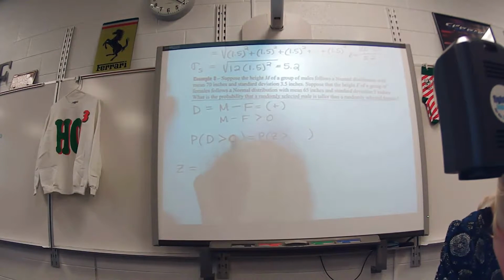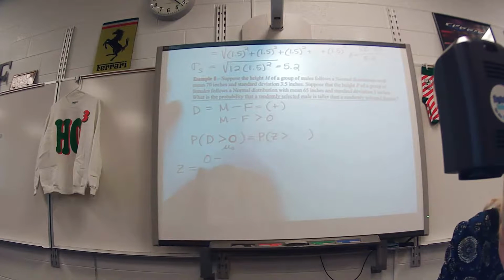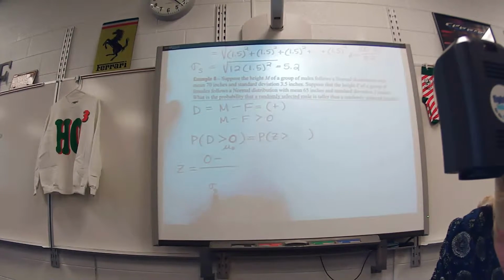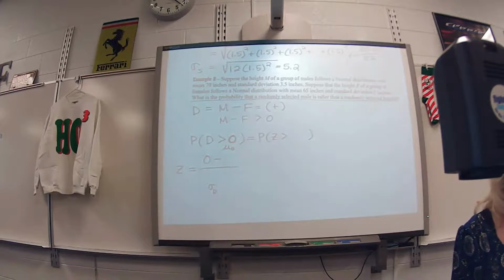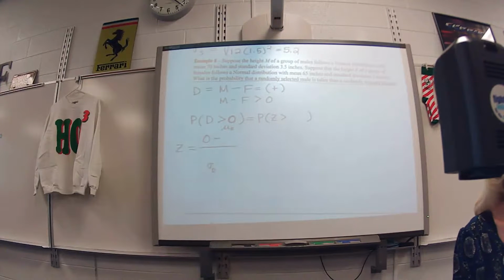So I'm trying to convert 0. I have to subtract the mean, and it's got to be the mean for D, and then divide by the standard deviation, which has to be the standard deviation for D. I have made a big deal about using proper notation, and this is part of the reason, because you have to keep track of which mu you want.